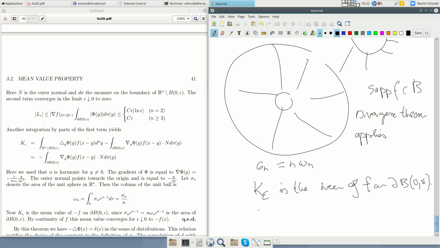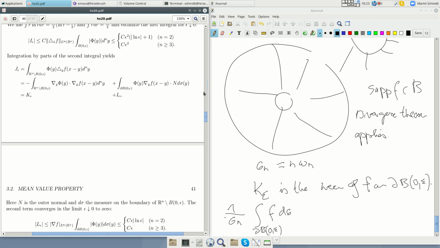This is the integral over f d sigma of the ball, 1 divided by the area of the ball, so we already understood this is sigma n. So I write sigma n. So this is the result. This is what we get.